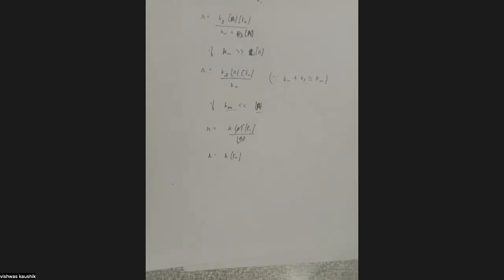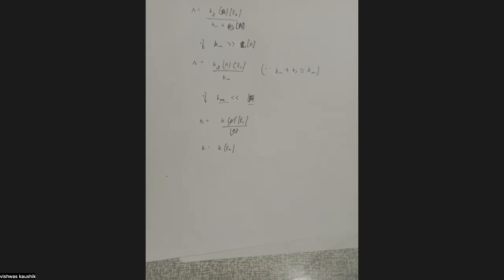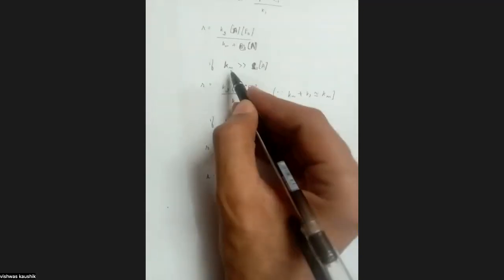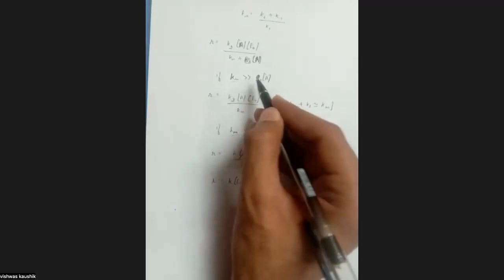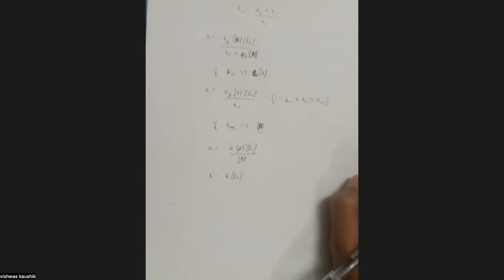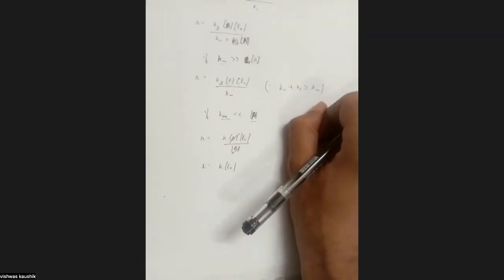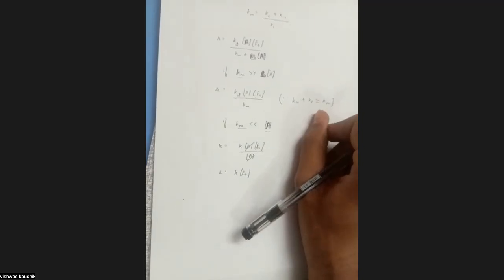Overall it will be a second order reaction if the value of Km will be higher than the concentration of the substrate, and if the concentration of substrate is higher, then the reaction will be of first order.